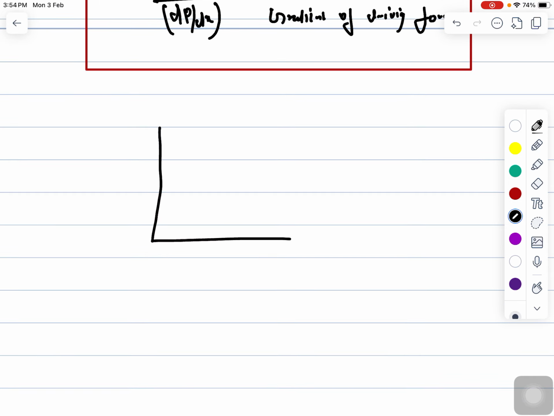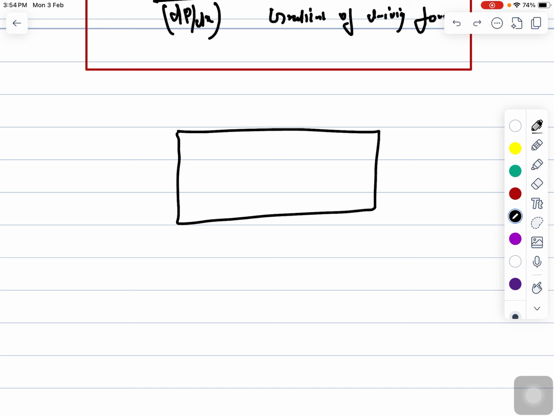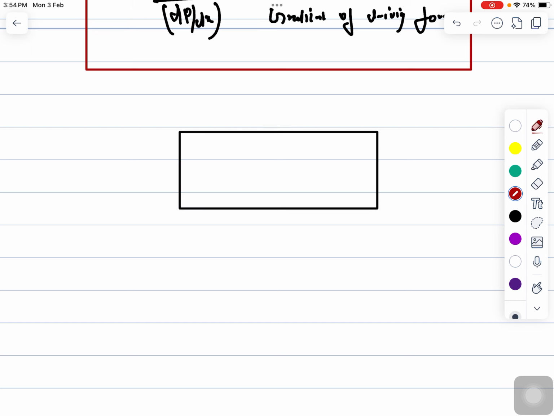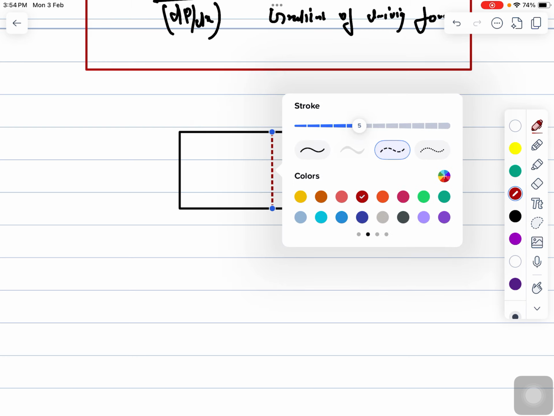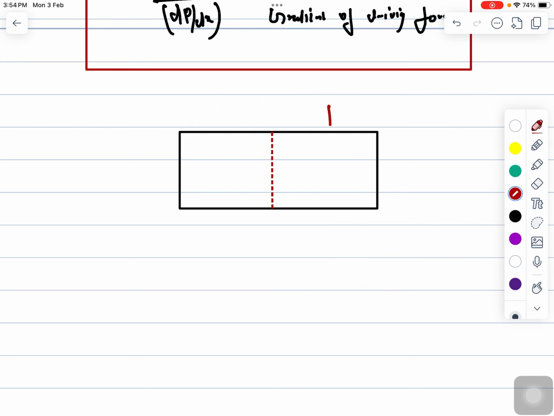Obviously, if you recall this diagram for reverse osmosis, there is a semi-permeable membrane again, and we are applying a pressure here greater than the other side; this is P2 and this one is P1.